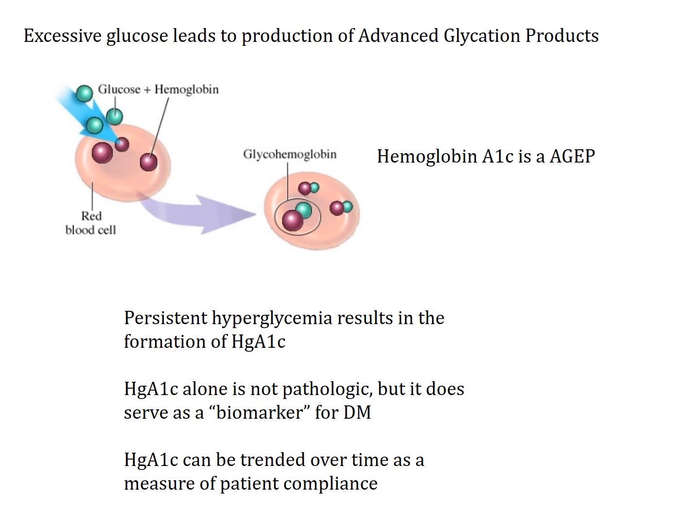Here I use a different abbreviation. I call it an AGEP. Same thing, whether you call it AGE, AGEP. It's a glycation product or a carbohydrate bound to a nitrogenous base. Now, hemoglobin A1C is not pathologic. Hemoglobin A1C still works.